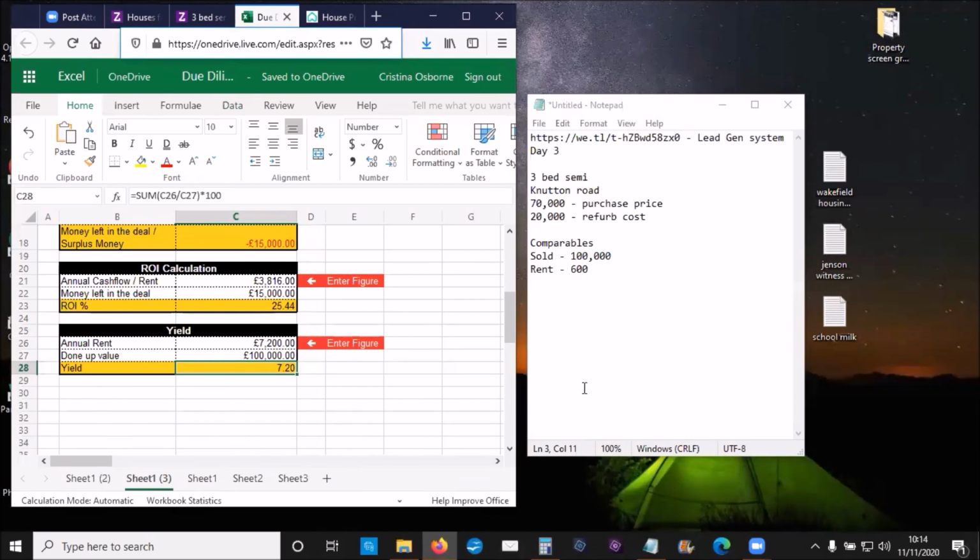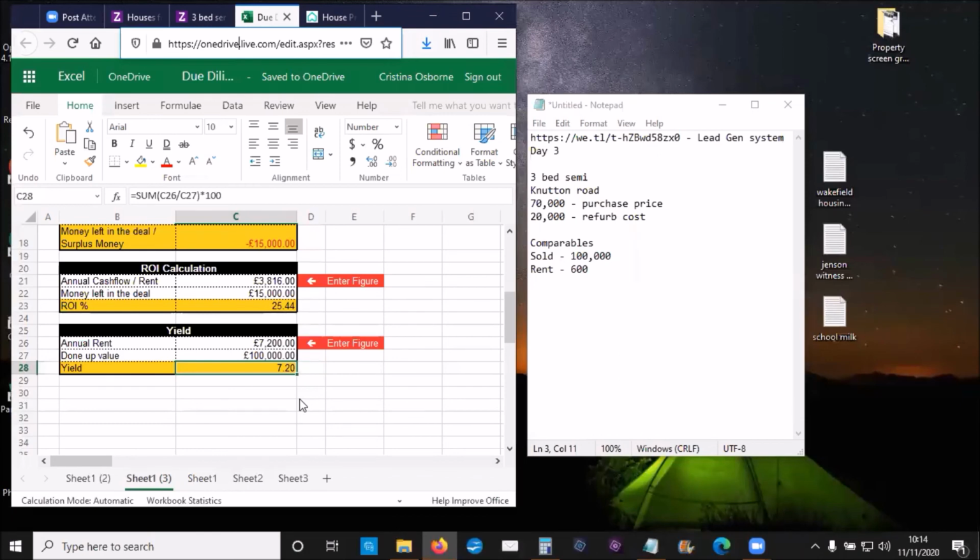Okay, Michelle has a question. Deposit, how did it come up to 17.5? The deposit is the amount of the purchase price that the bank is not going to lend you money for. Right now in the UK, the average, so it might be different when you actually apply for a mortgage with a bank, but just in terms of doing pre-purchase calculations, property investors like to use a 75% loan to value.